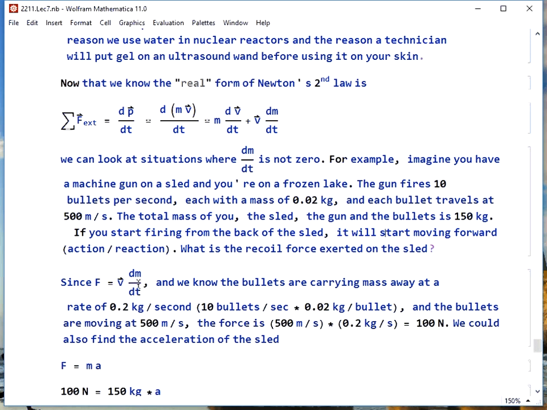What's the recoil force? Well, since F is also v dm/dt, it's not just this piece, but we have this piece, v dm/dt. We know we're losing mass at the rate of 0.2 kilograms a second: 0.02 kilograms per bullet times 10 per second. The bullets are moving at 500 meters per second, so if I multiply v times dm/dt, I get 100 newtons.